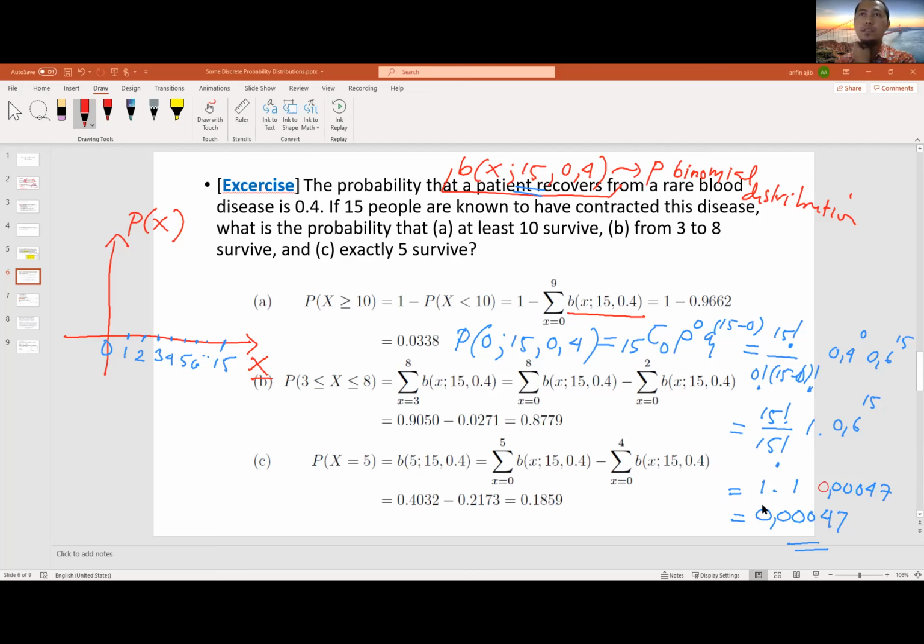So this is for x equal to 0, and then using a similar way, the probability, I prefer using the blue one. Okay, the probability of 1 out of 15 with 0.4 is a combination: 15 choose 1, p power by 1, q power by 15 minus 1.